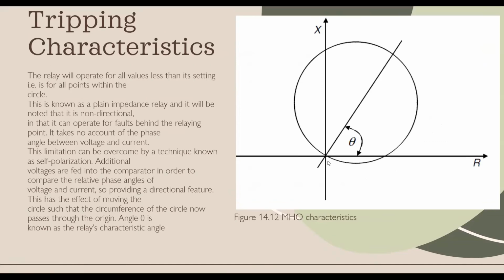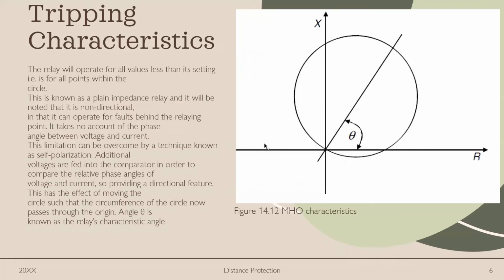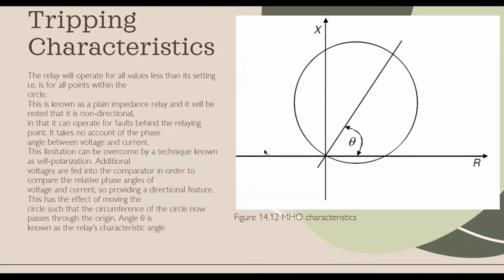Now, the relay will operate for all values less than its setting, i.e., for all points within this circle. This is known as a plain impedance relay, and it will be noted that it is non-directional, in that it can operate for faults behind the relaying point. It takes no account of the phase angle between the voltage and current.